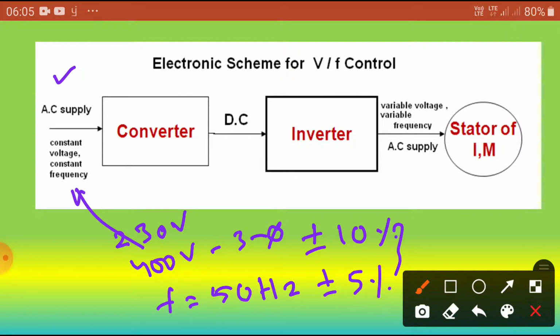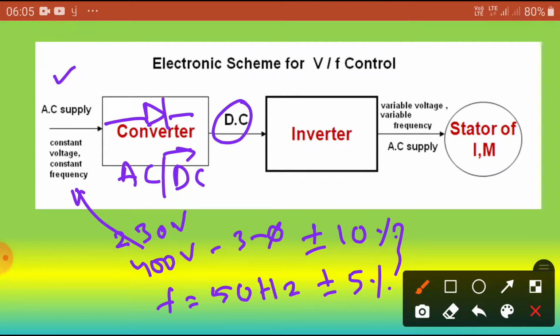Now this AC is converted using the electronic rectifier diodes. So we convert the AC to DC by using the rectifier or converter. After that, the DC that comes is a constant direct current. Then by using the inverter, we can convert the DC to AC. Here I can control the AC with the help of these electronic circuits.